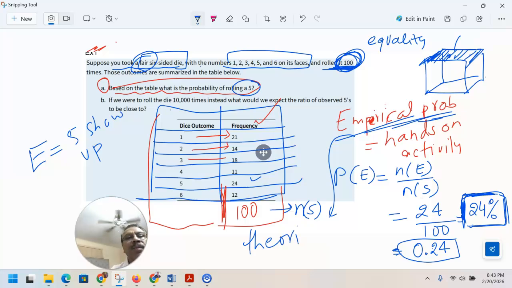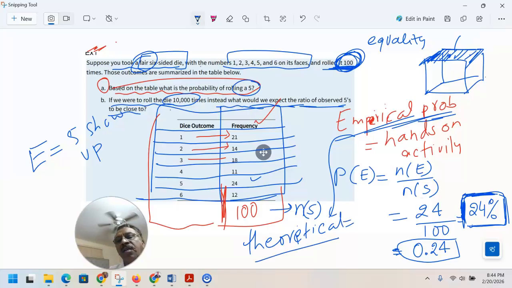So we want to know the meaning of theoretical. Here it is. If we were to roll 10,000 times straight, what do we expect the ratio of the 5 to be close to? Theoretical basically means by reasoning. By reasoning, we know when this die is rolled, common sense is what gives theoretical probabilities.